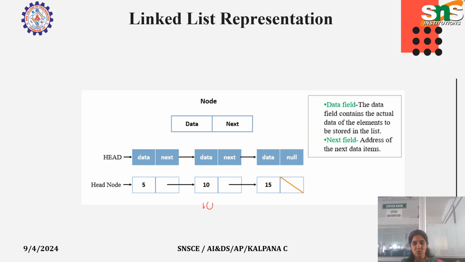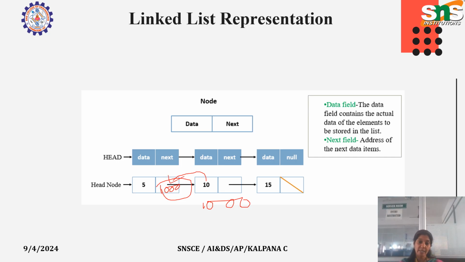my 10 is stored in the 1000th memory address. So after 5, in this next field, the address 1000 will be stored, which means the address of 10 will be stored here.